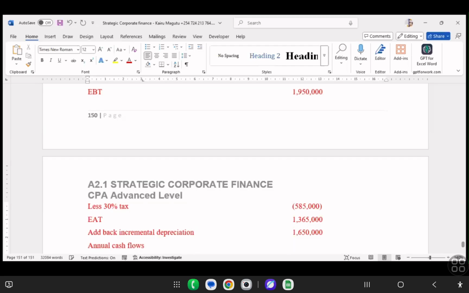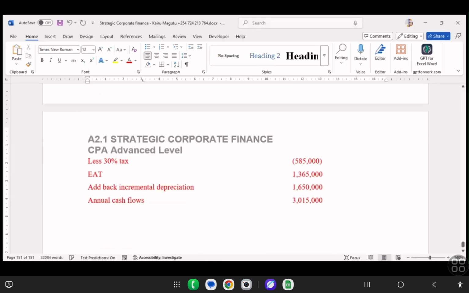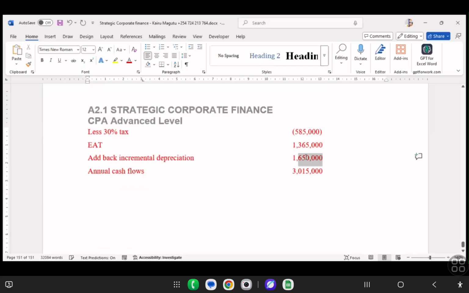Annual cash flows. That 3015. That is the annual cash flow, and that is what you'd be looking for. That is what you'd be trying to determine, like that.